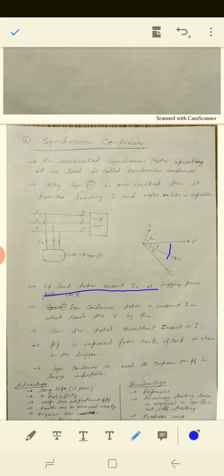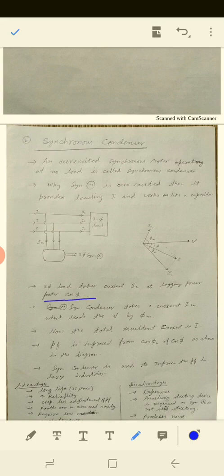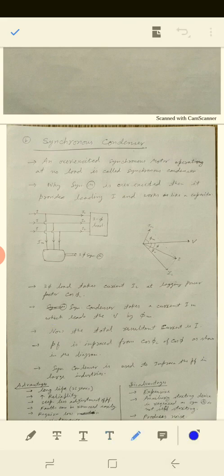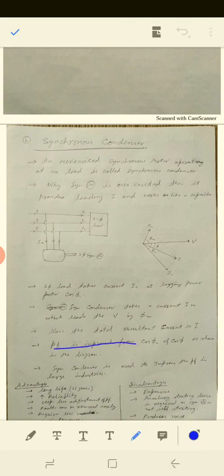The three phase load takes current IL at lagging power factor cos phi L. Now the synchronous condenser takes a current Im which leads the voltage by phi m. Now the total resultant current is I, and the power factor is improved from cos phi 1 to cos phi 2 as shown in the diagram.